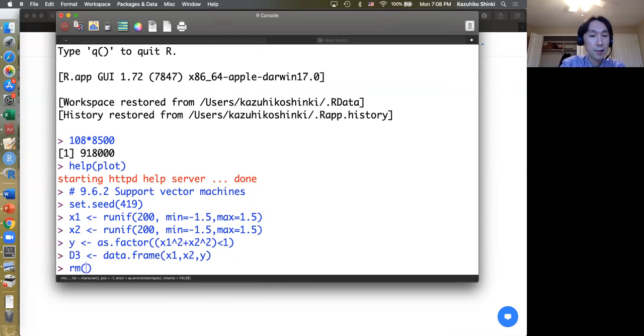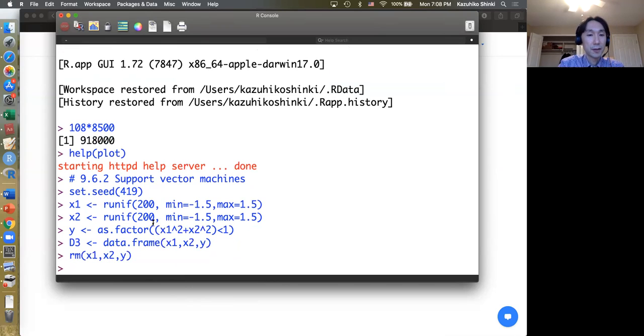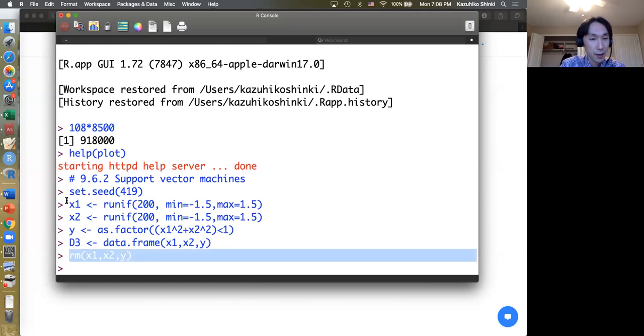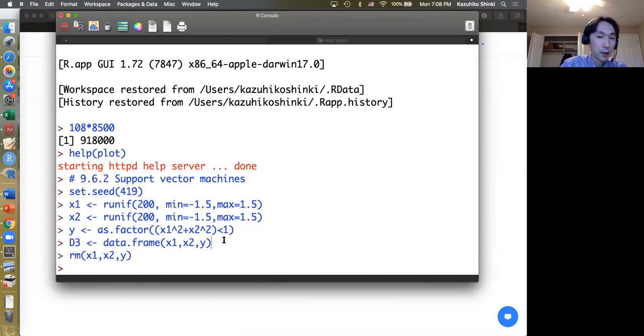Just in case, we remove x1, x2, y, because now we defined x1, x2, y as global variables, but they are also in the data frame. So we just delete the global x1, x2, and y. Yeah.